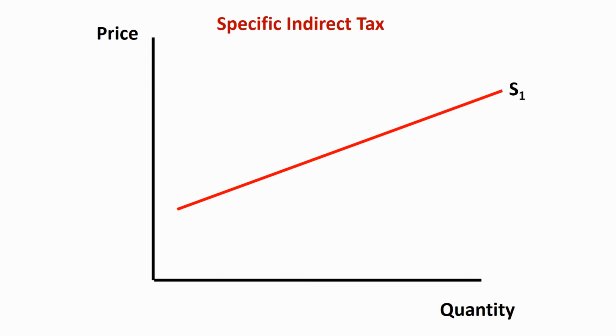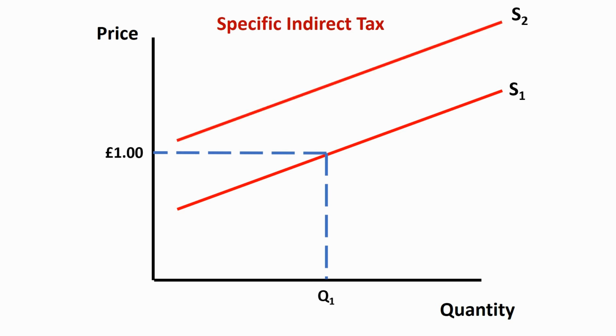So let's imagine before the tax is applied. At a price of £1, firms are willing to supply quantity Q1 to the market. The government applies the specific tax of 50p, and this has the effect of shifting the supply curve up and to the left, and it will run parallel to the original supply curve. This is because at any given price, the incidence of tax, the 50p, remains constant.